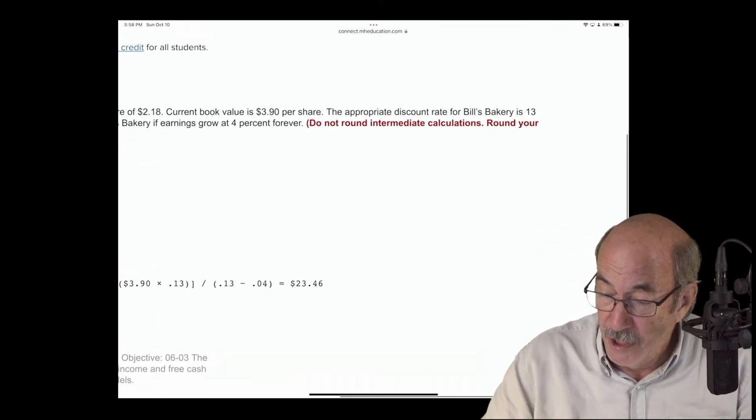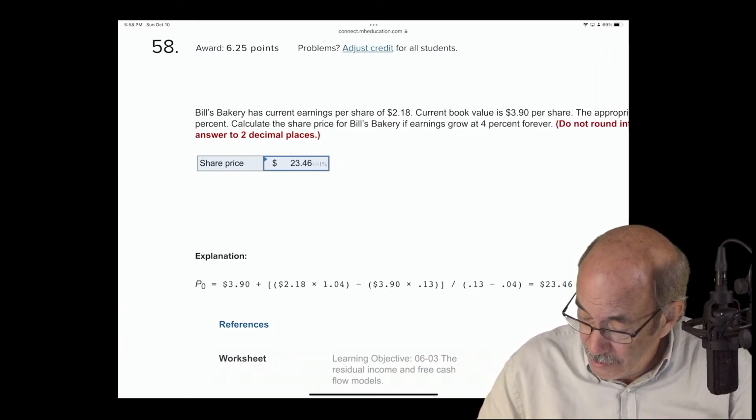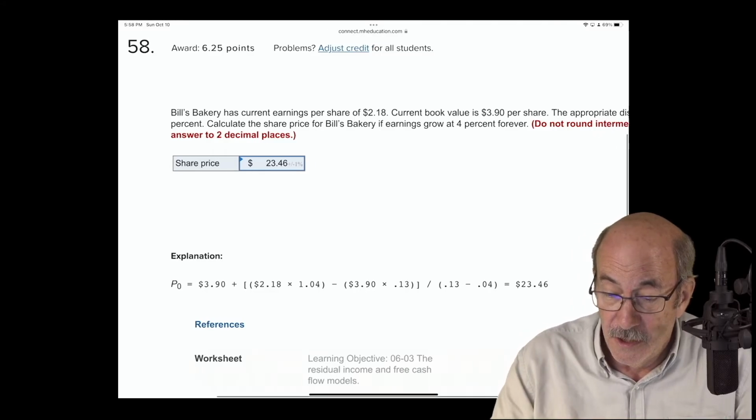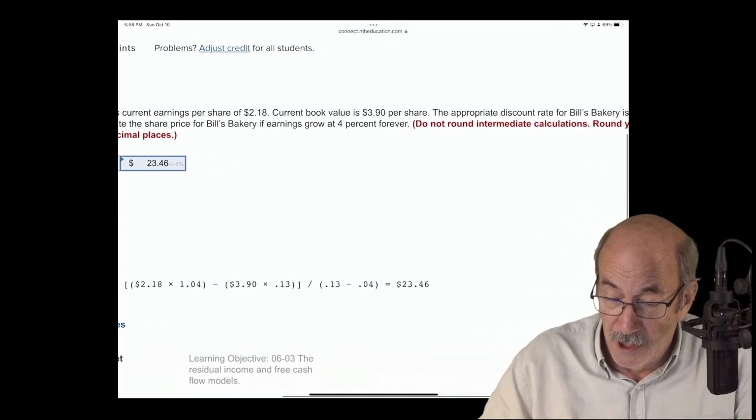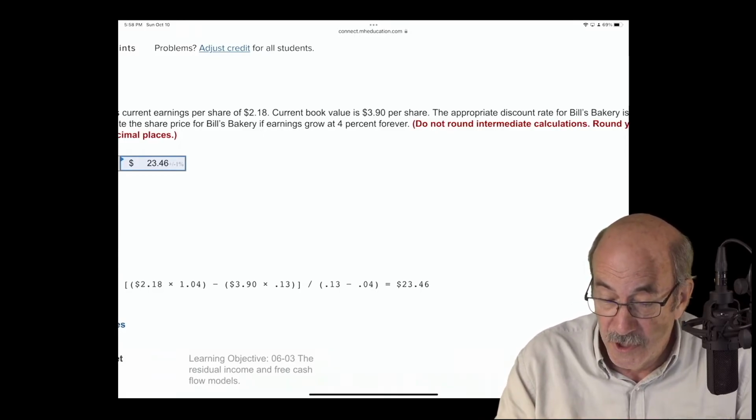The appropriate discount rate is 13%, so K is 13%. Calculate the share price for Bill's Bakery if earnings grow at G of 4% forever.